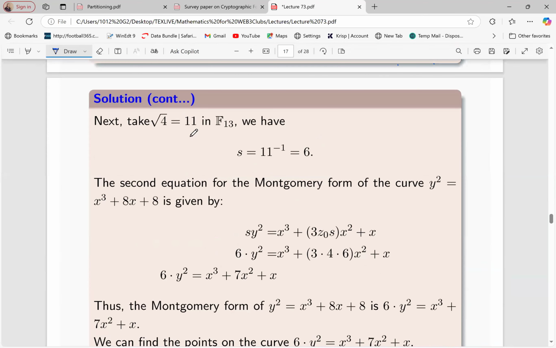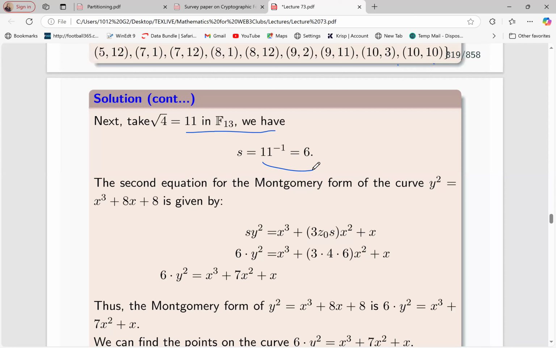And that is what I'm now doing here. And you find that the inverse of 11 in this case will be 6.